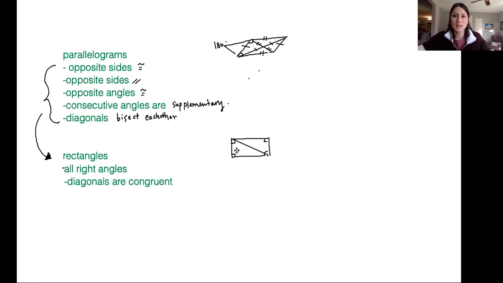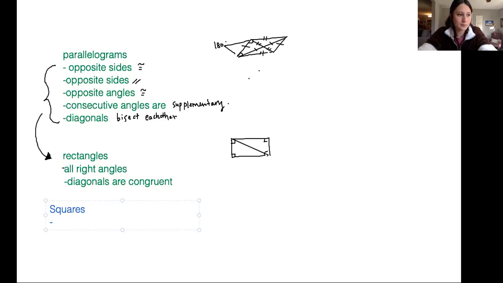Now what we're going to look at today are rhombi and squares. Now rhombi is just the plural form for rhombus, but let's keep looking. So if we have, I'm going to use a different color here, and this is maybe something you'd want to take notes of. So squares. Something that we know to be true of squares is that it has 4 congruent sides, right?